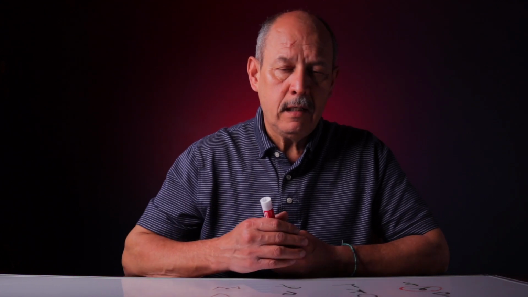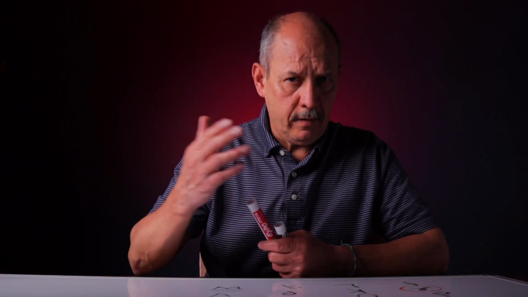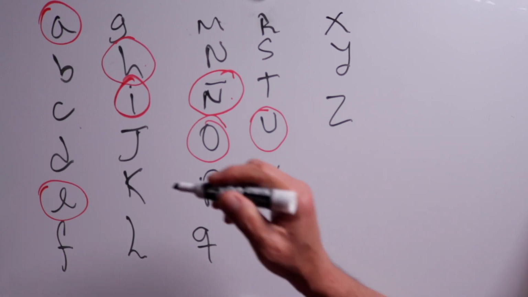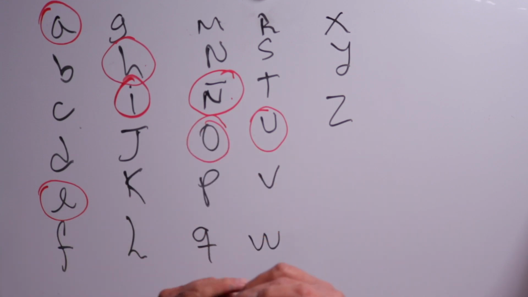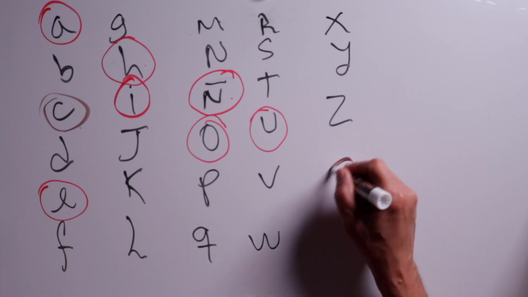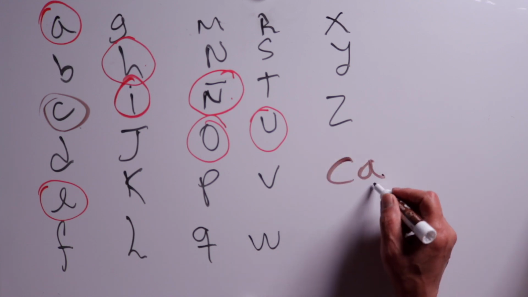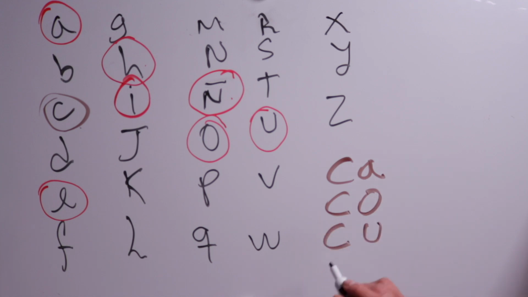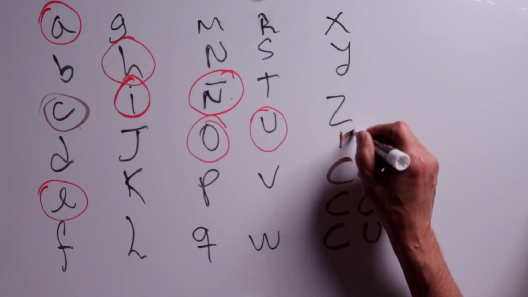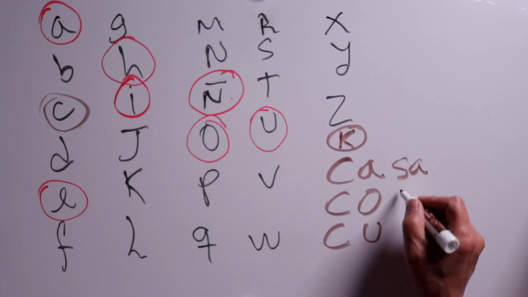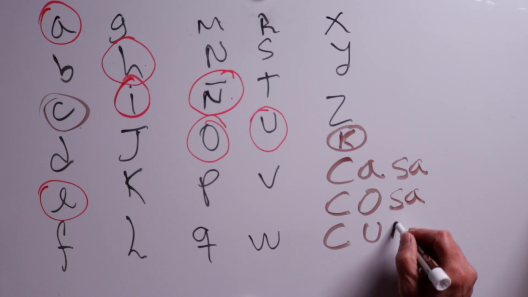You can use these letters in spelling your name or family members' names. Now, there are some letters that are very important in Spanish. The letter C is important because if you use it in company of the vowel A, or the vowel O, or the vowel U, the sound of C will be similar to K. You will say casa, house, cosa, thing, cuna.